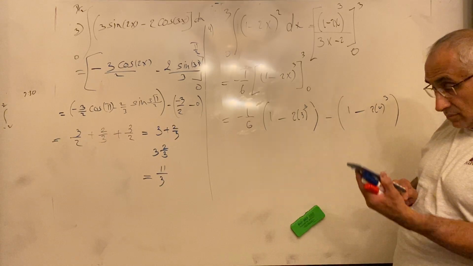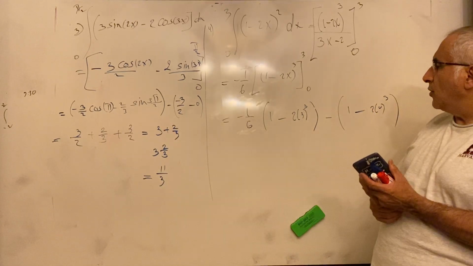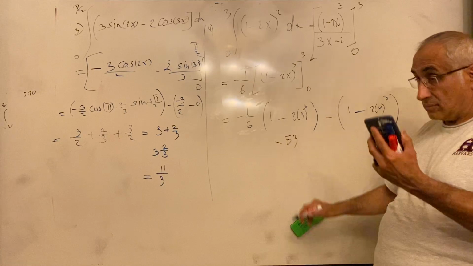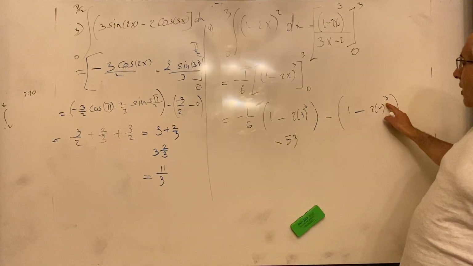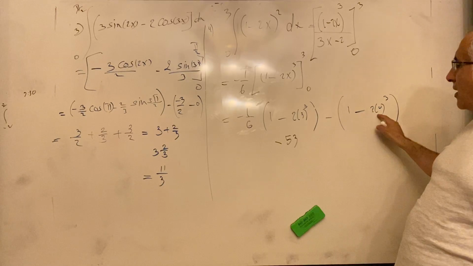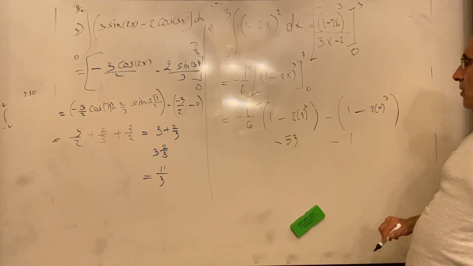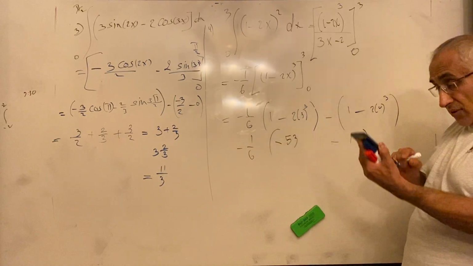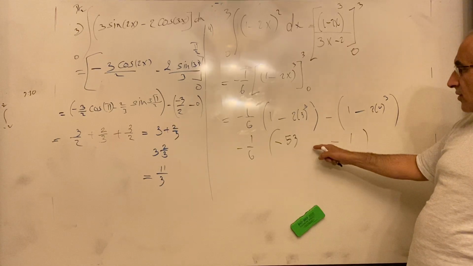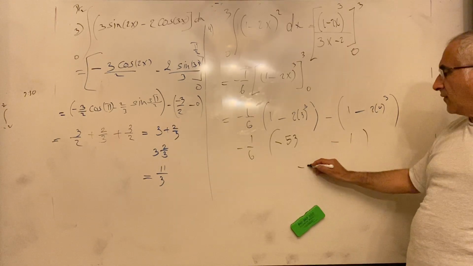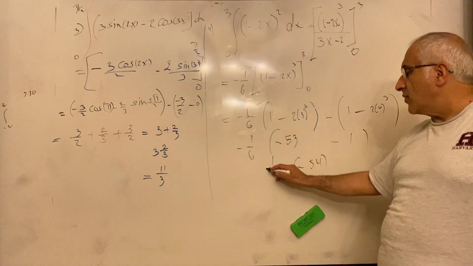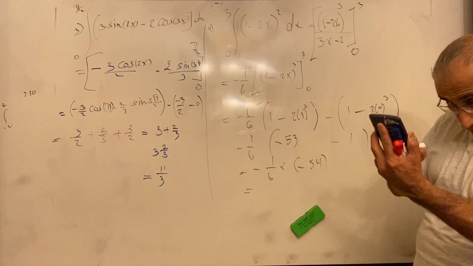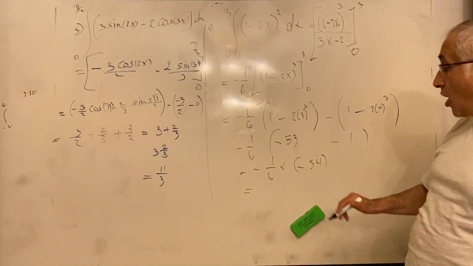What's 27 times 2? 54. 1 minus 54, it's a minus 53. 0 cubed times 2, 1 minus 1 is... it's a -1. This much, you times it by 1/6. So -53 and -1, -54. When you times it by 1/6, simply you can use your calculator. And negative times negative is a positive, and 54 divided by 6, yay, it's a 9.